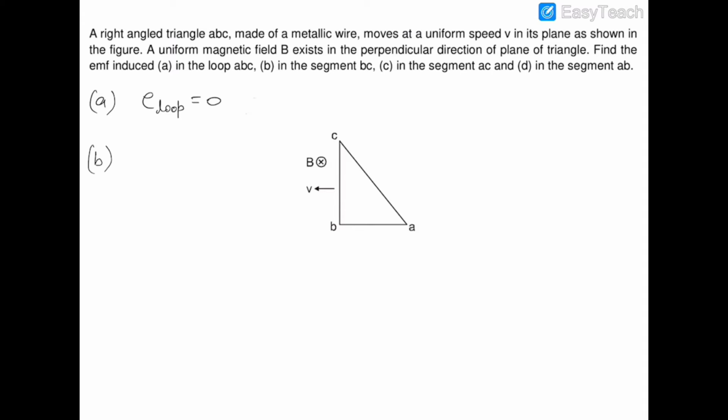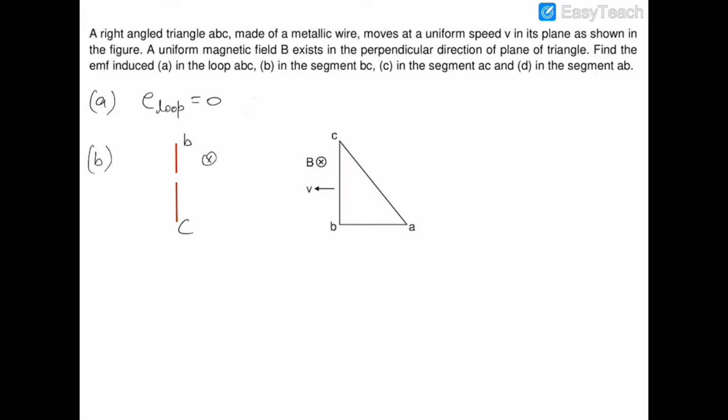Now in segment BC, if I draw the segment BC, this is B and this is C, and if I use Fleming's right hand rule, then the first finger of my right hand would point in the downward direction because the magnetic field is downward, and the thumb would point in the direction of velocity, that is towards the left side.